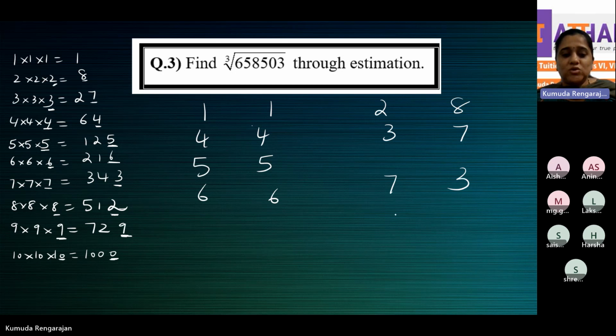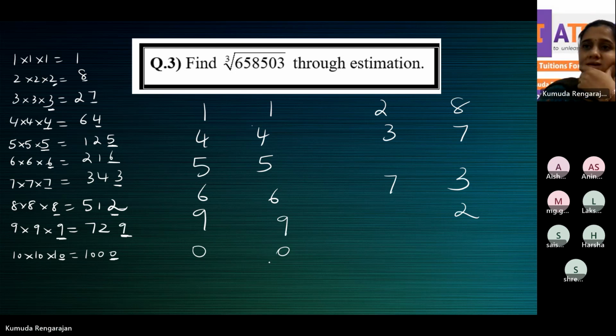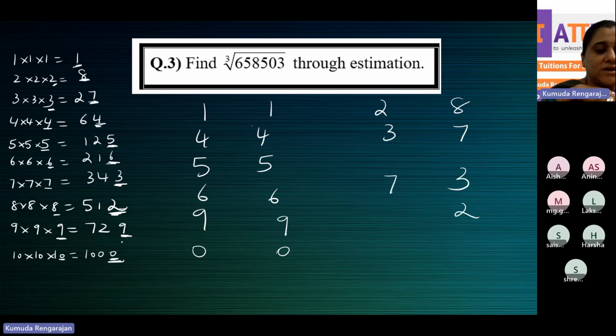Then 8, 2. 9 is 9. And 0 means 0 only. One thing is, a cube number can end with any digit, because you can see you have 0, 1, 2, 3, 4, 5, 6, 7, 8, 9.